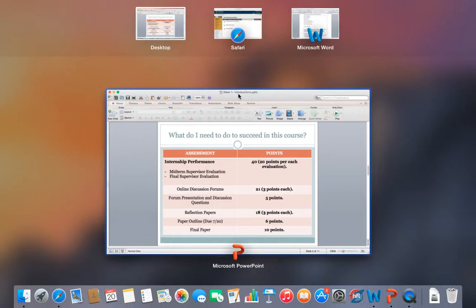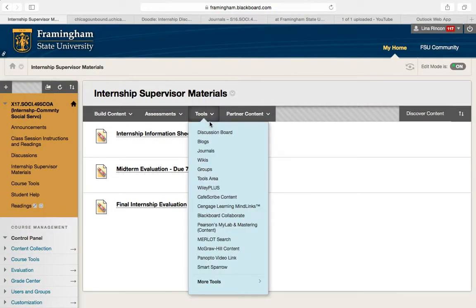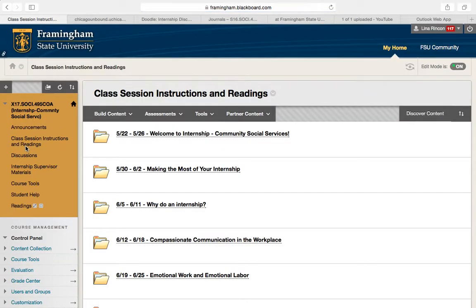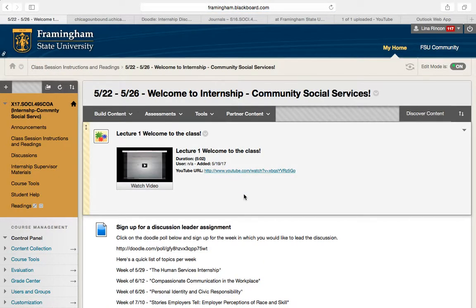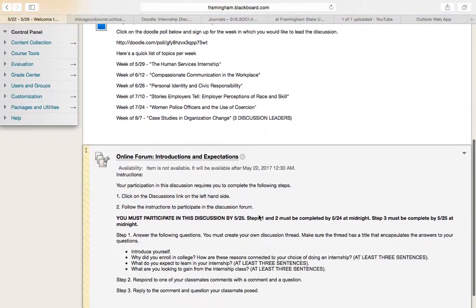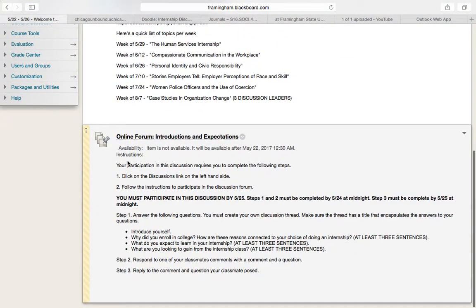Number one, this happens bi-weekly. You can find links to discussion forums by going to the folders of each week. You see that there are different folders per week. For this week, you're going to go to the first week, click there, and of course you find the lectures that you're probably watching, but then you're going to have a link to an online forum.